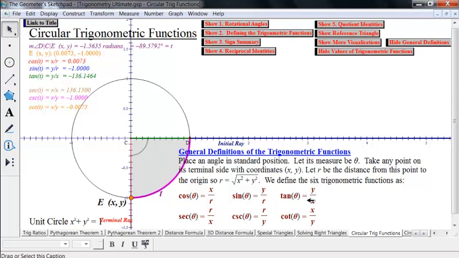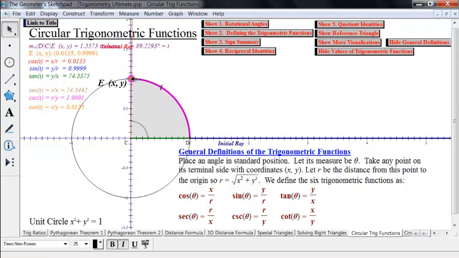So notice there are some times when tangent, cotangent, cosecant, or secant could be undefined. Tangent and secant are undefined when x is 0, either when it's pointing straight up or straight down along the y-axis.